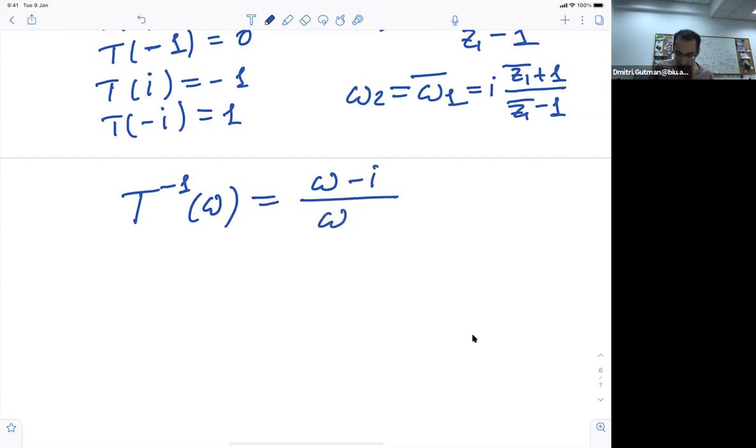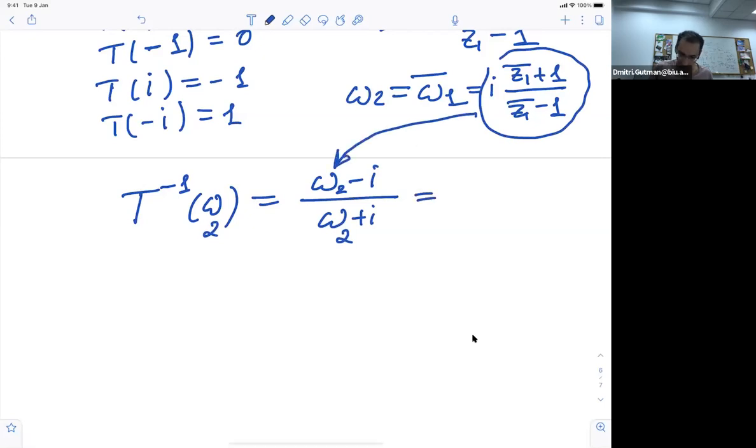So if I put there point W2, and now for W2 I substitute this expression, this is my result for W2, and I plug it into this equation.